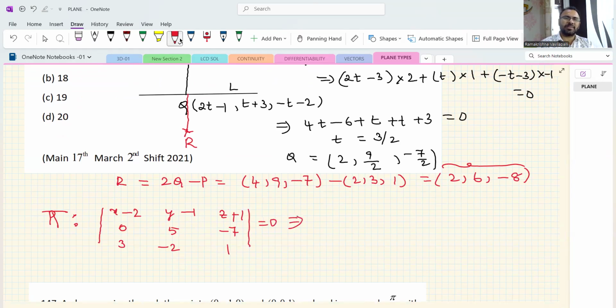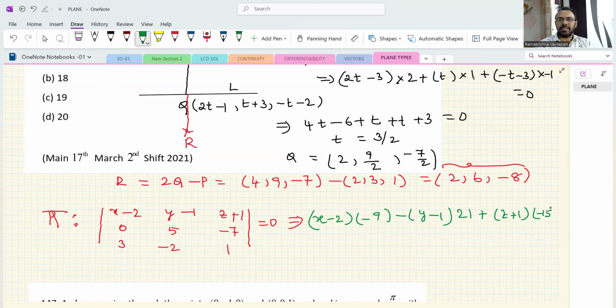Now only the simplification part is left. x minus 2 into 5 minus 14, that is minus 7. Sorry, 5 minus 14, minus 9. Minus of y minus 1 into 21, plus z plus 1 into minus 15, equal to 0.